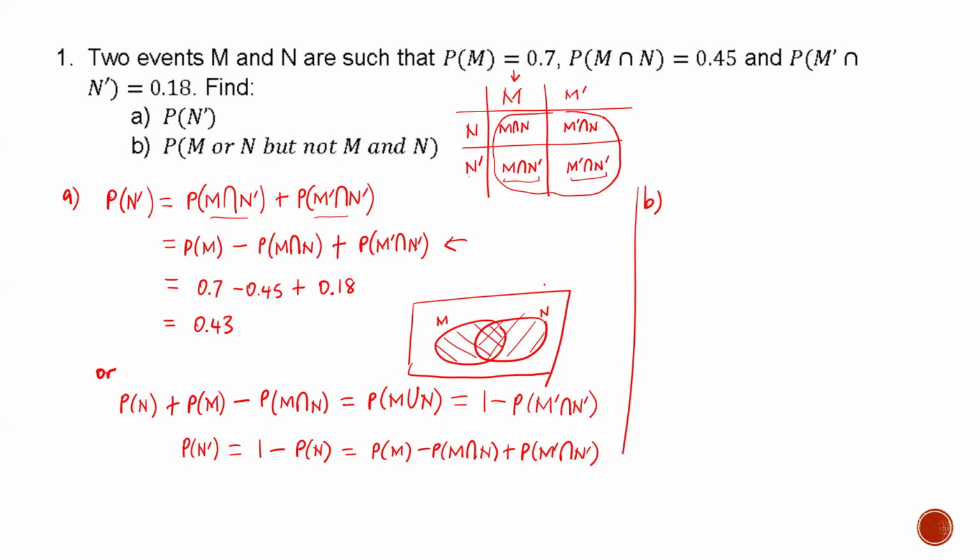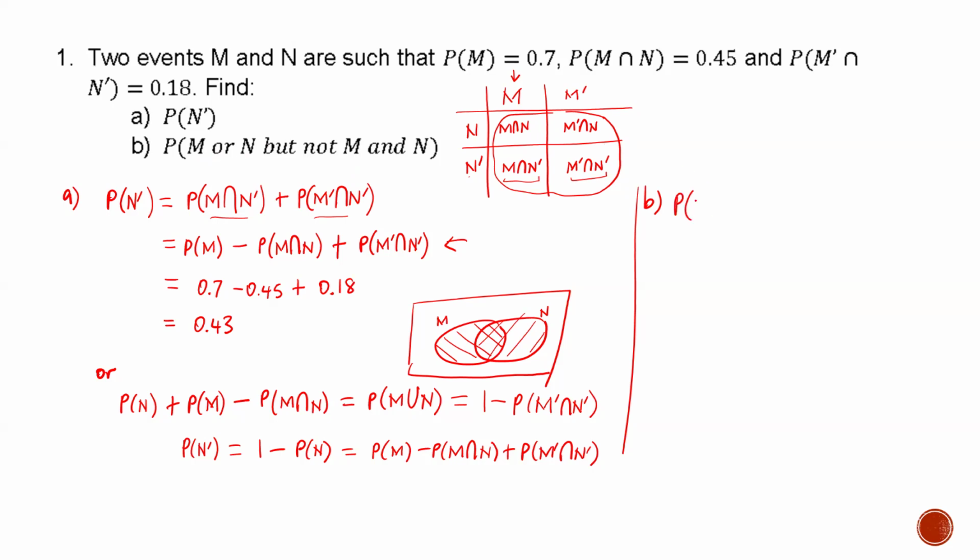So that means M or N, just M or N alone, is in fact the union of the two sets. Probability of M union N, but not M and N, so that means not the intersection. So you don't want the intersection involved. If you look at these four sets, which of these four sets actually give us what we want?